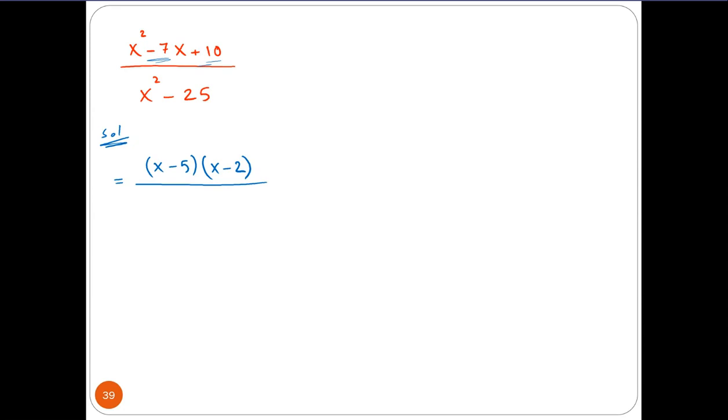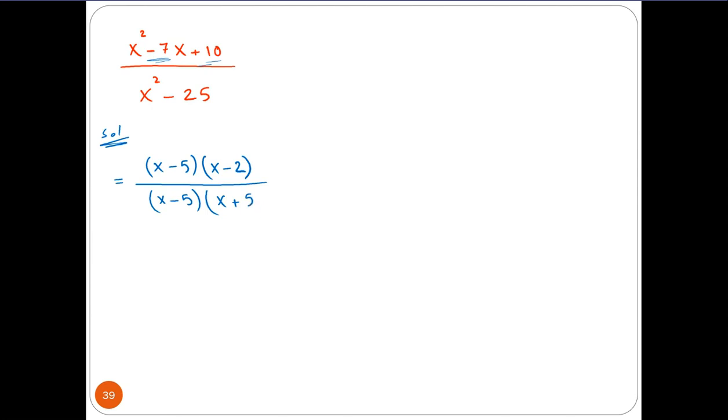And the denominator, how do we factor it? x squared minus 25. How can we find the factoring of the denominator? Good: x minus 5 and x plus 5.